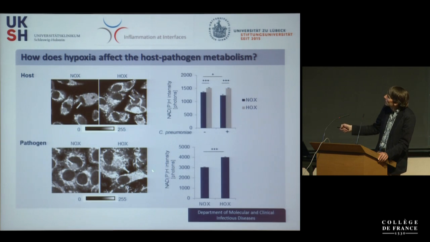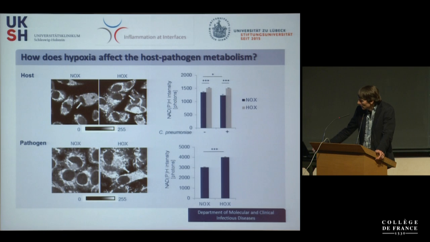If you look in the inclusion itself, you can see that the intensity of NADPH increases dramatically. This indicates at least that most of the metabolism occurring in an infected cell is not inside the host itself, but in the large intracellular chlamydial inclusion.